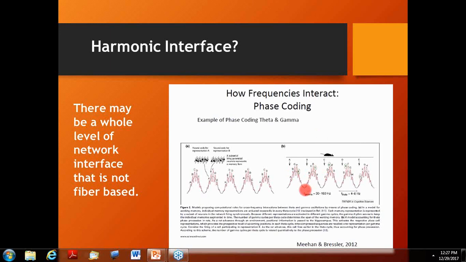And that provides a way of carrying information through the brain. So the limbic system can communicate with the cortex through these gamma frequencies. And what we have is a harmonic communication that can take place through volume conduction or through pathways. An interesting possibility.